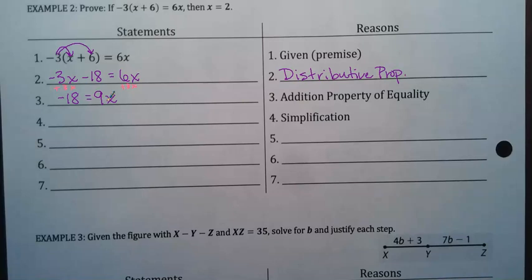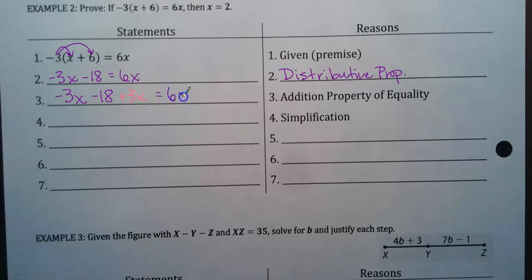Oh, time out. They have simplification separate. So this is one thing that sometimes creates a hiccup when we're trying to follow these. So kind of make some of these mistakes on purpose. So in this case, when it's broken down into addition property of equality and simplification, what that would look like is we're just going to have the negative 3x minus 18, and then we could say, but we're going to add 3x to that side.